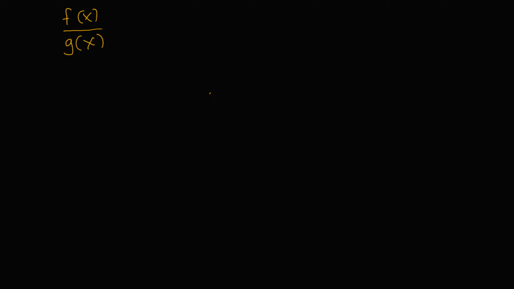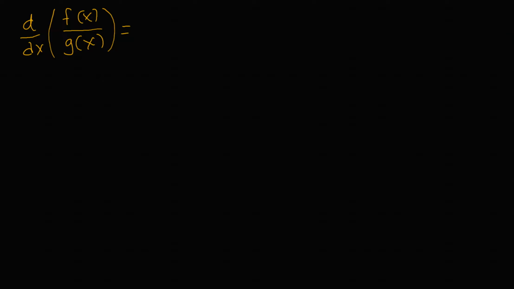If you have a function that is a quotient of two functions and you are going to take the derivative of it, the question here is, what will be your derivative?